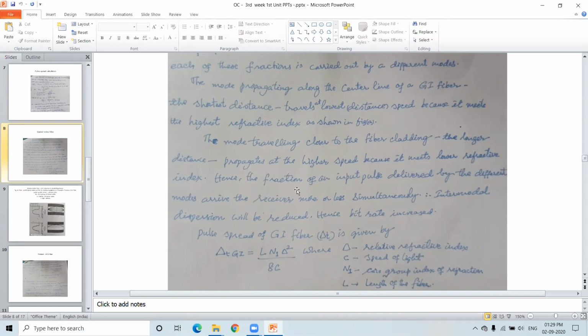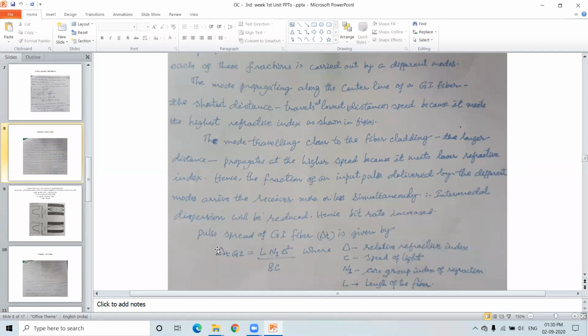Hence, the fractions of an input pulse delivered by the different modes arrive at the receiver more or less simultaneously. Therefore, intermodal dispersion will be reduced. Once the intermodal dispersion decreases, the bit rate increases.